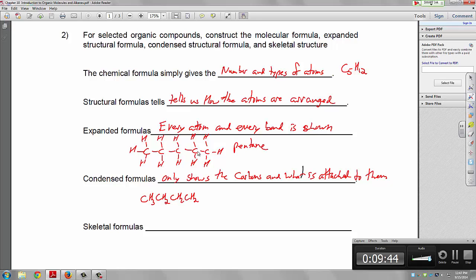And on the end again we have a carbon with 3 hydrogens, so we have a CH3. We could also condense this a little bit more, and if you notice we have 3 CH2 units in a row, so we could write it as CH3(CH2) taken 3 times, and then another CH3.